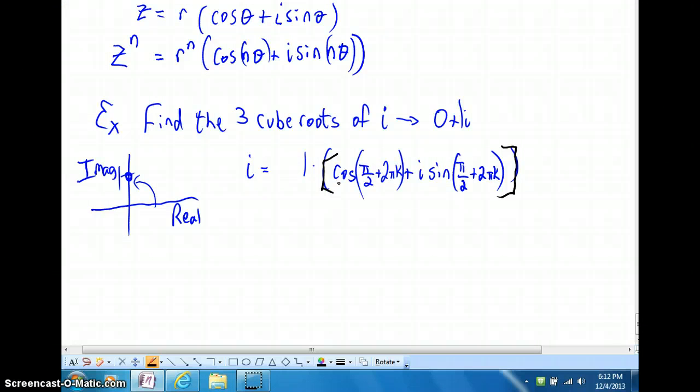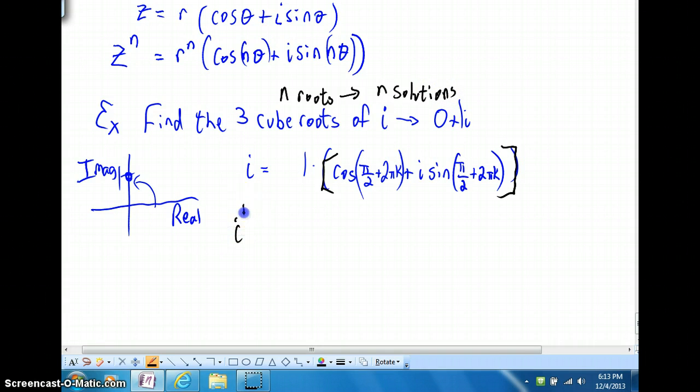Well, when you take a third root, there will be 3 answers in this complex plane. If we took the fourth roots, there'd be 4 of them. So what we're going to see is if we have n roots, we're going to have n solutions. So a third root, a cube root, is going to have 3 solutions. Let's see how that would be the case.